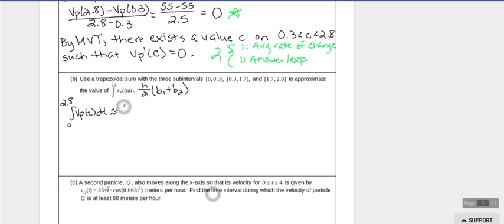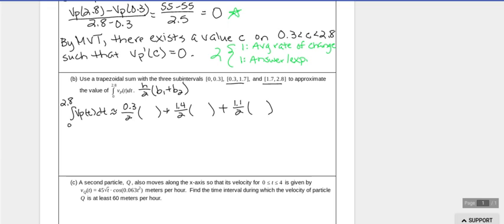The first interval is a height of 0.3, the second one is a distance of 1.4 over 2, and then the final one is a distance of 1.1.